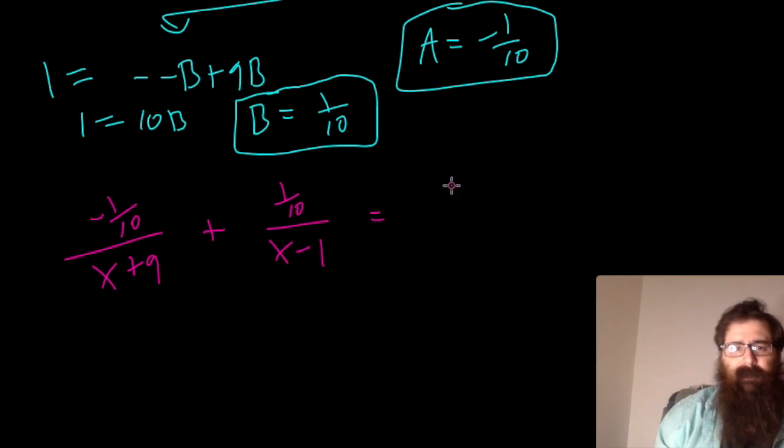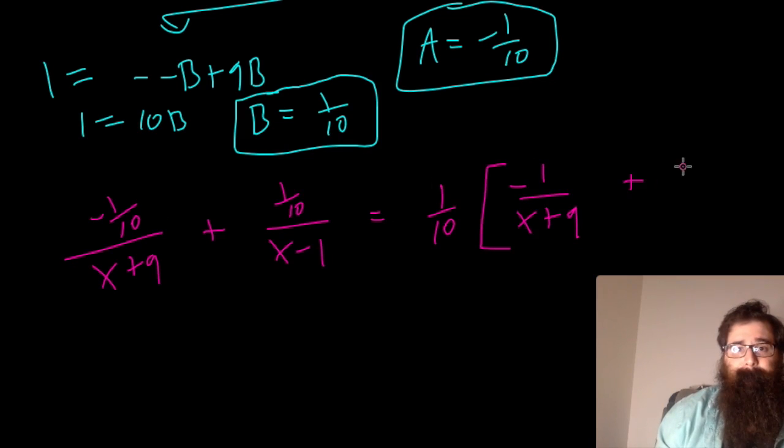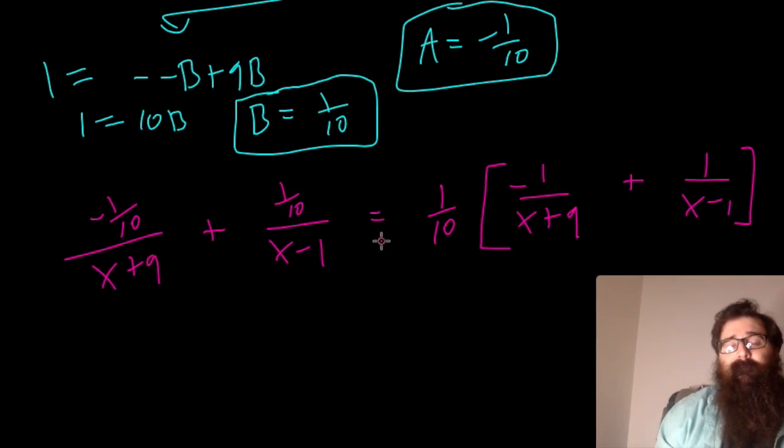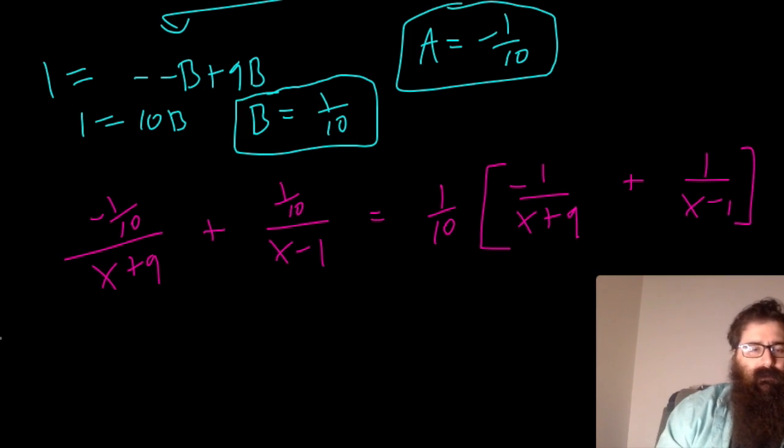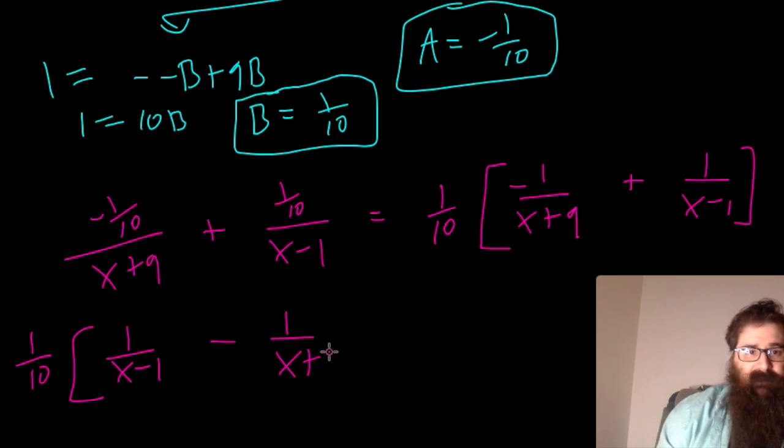That looks terrible. Complex fraction. So I bring out a 1/10, and I would say negative 1 over x plus 9 plus 1 over x minus 1. But for my own selfish reasons, I would also write these in the opposite order. I would just switch them around. No problem, right? I can say 1 over 10 times 1 over x minus 1 minus 1 over x plus 9.